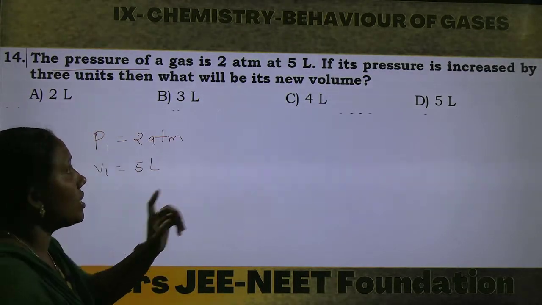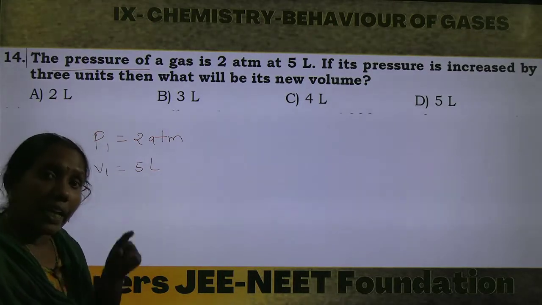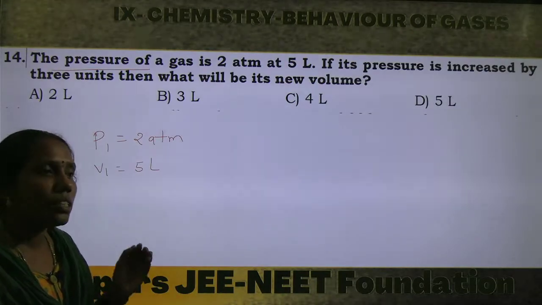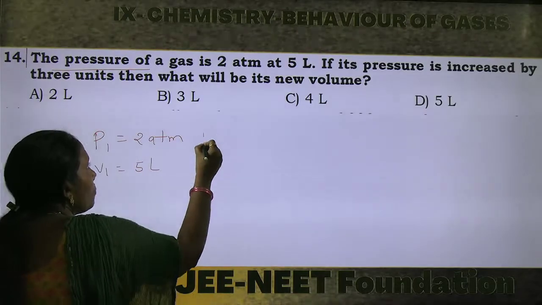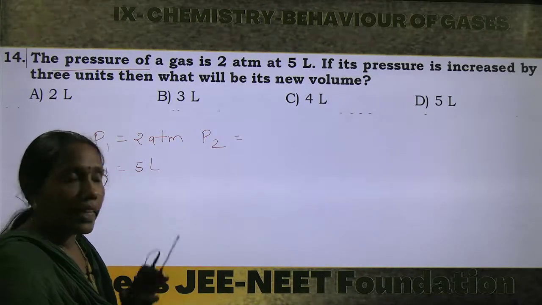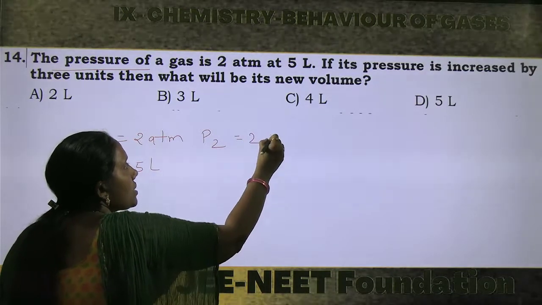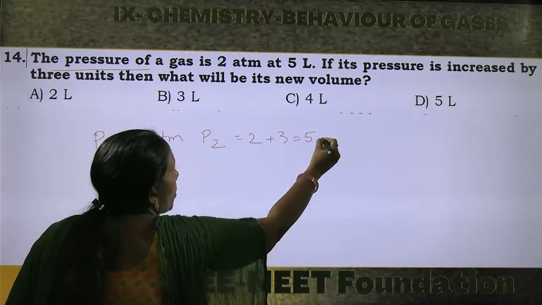If its pressure is increased by 3 units: if they say 3 times, we have to multiply with 3. They said 3 units, so we have to add 3. Then P2 will be, already P1 is 2, increased by 3 units, so 2 plus 3 equals 5 atmospheres.